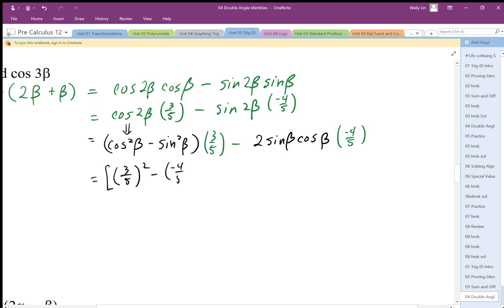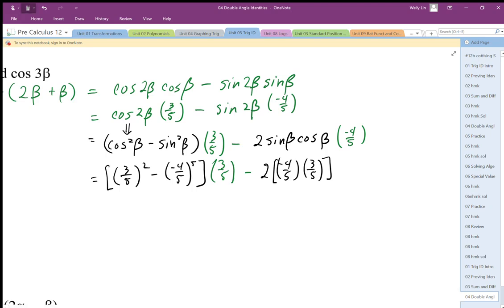Sine of beta is negative 4 over 5 squared, times 3 over 5 minus 2 times sine beta cos beta. So we end up multiplying that by negative 4 over 5, and we'll work that all out.